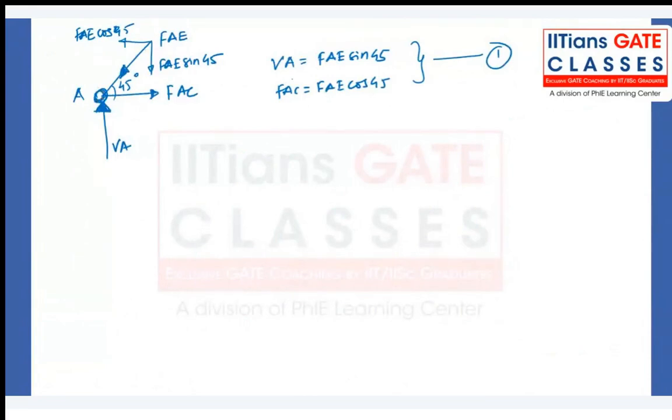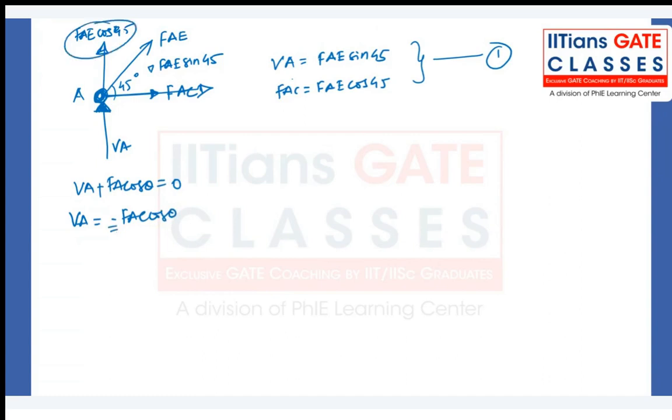If I draw FAE like this, then the component FAE cos theta will be in this direction, and FAE sin theta will be in this direction. So VA plus FAE cos of theta is equal to 0. So what is meant by this? VA is equal to minus FAE cos of theta. So what does this minus indicate? The direction which we have considered for VA is wrong. What does this indicate?